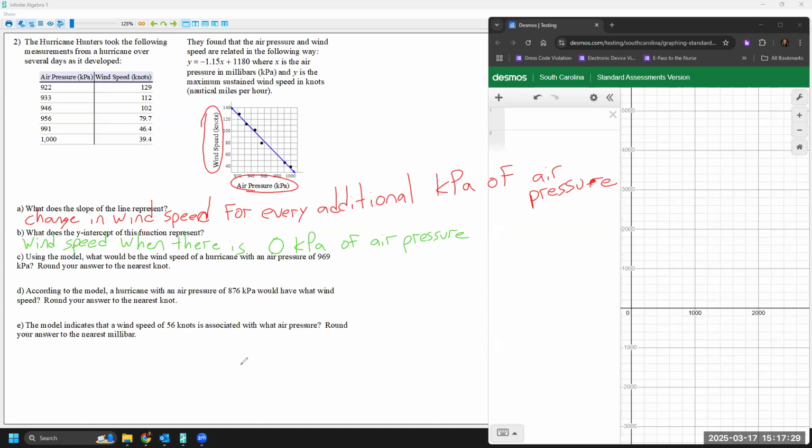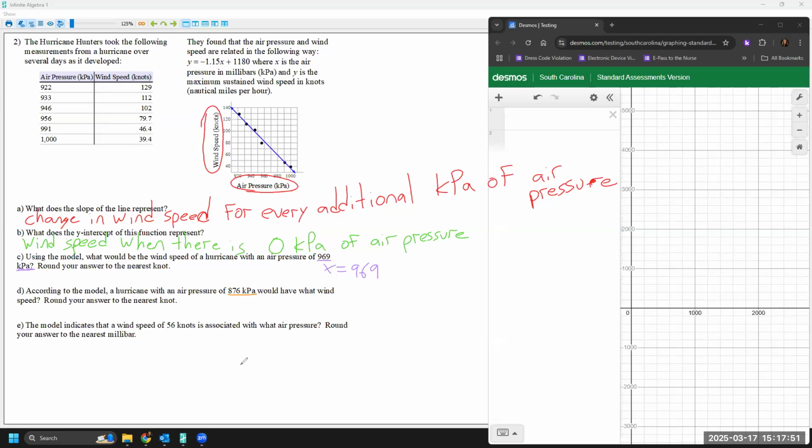Well, I need to figure out what am I given? All right, we'll start off with this one. It says 969 kPa. Well, that's an x. So x equals 969. That one right there, 876 kPa.